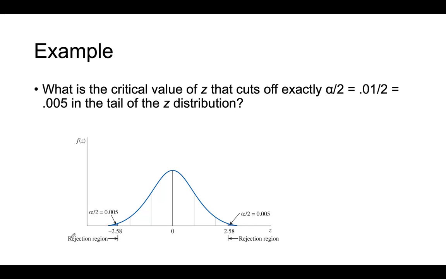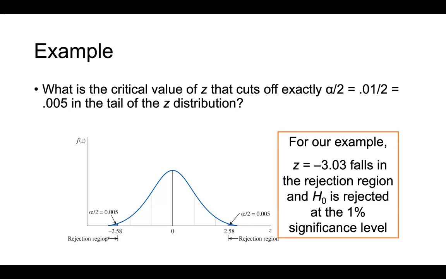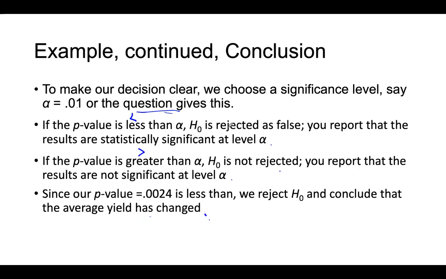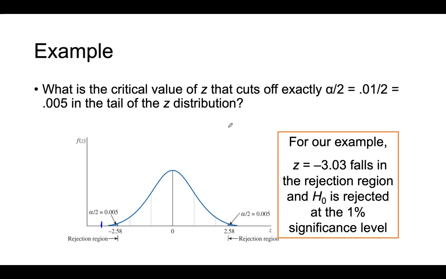So those are our rejection regions. For this example, we had our test statistic z equal to negative 3.03, so that falls in that rejection region. So this null is rejected at the 1% significance level. I'm just tying it back to the test statistic. So you can do the p-value approach of rejecting the null, or you can do the test statistic falling in the region.